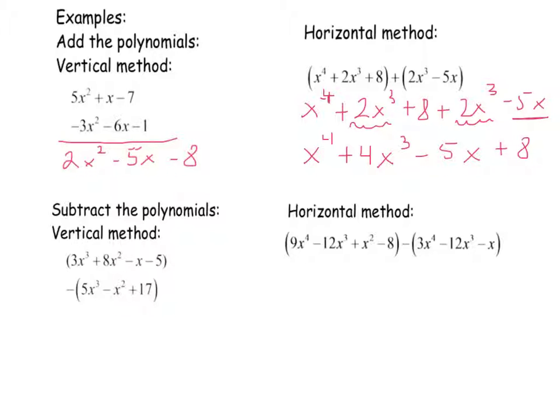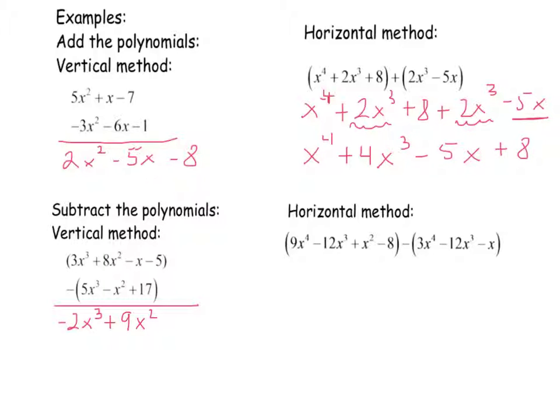When we subtract the polynomials with the vertical method, again we have our like terms lined up, but we have to be careful because in this case we are subtracting. So I start with 3x cubed minus 5x cubed, which will give me negative 2x to the third power. Then I have 8x squared, take away a negative x squared, which will give me plus 9x squared.